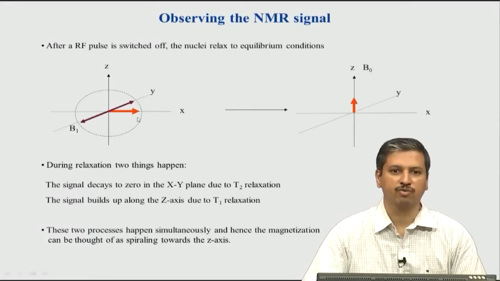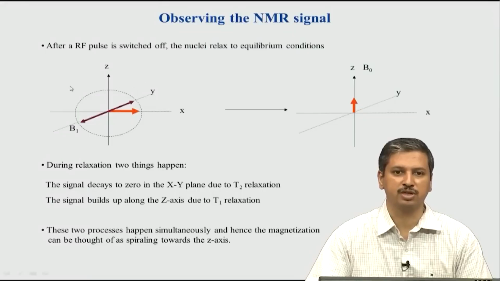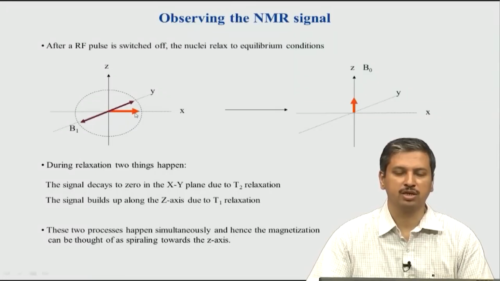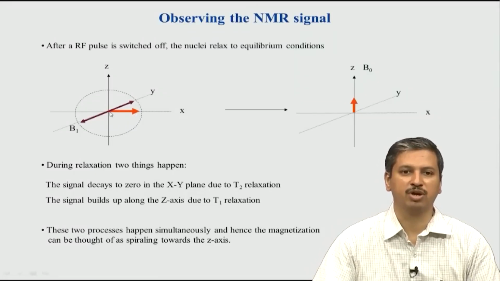Now, when you apply the B1, initially, if you recollect the slides we showed, all the magnetization vectors were distributed in a cone, but when you apply an RF field, they actually bunch together, and this is called a coherence. So, what we have done by applying a B1 field is create a coherence.